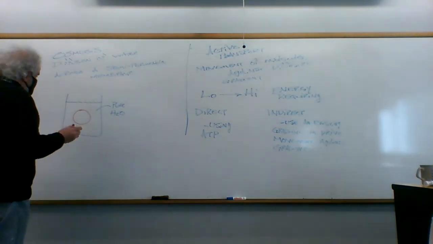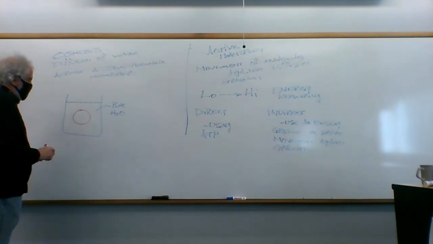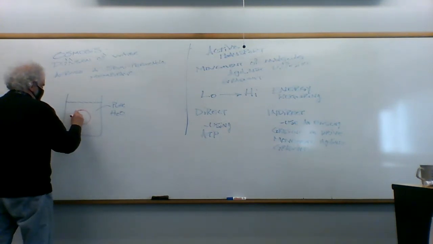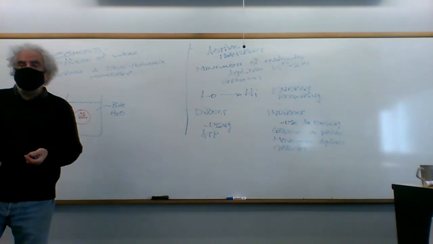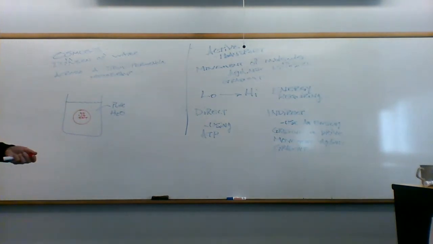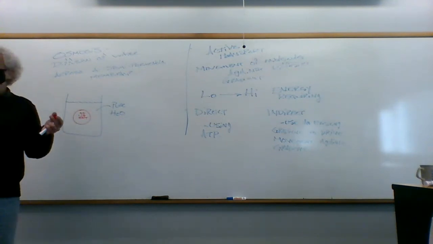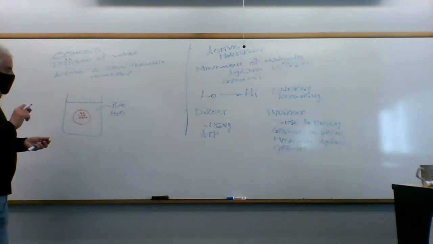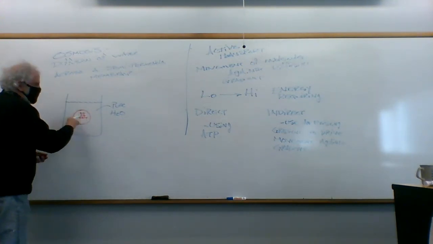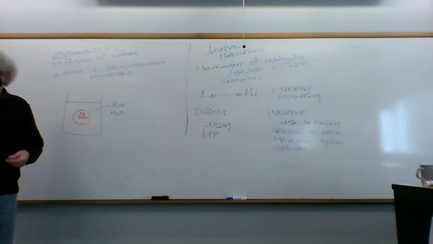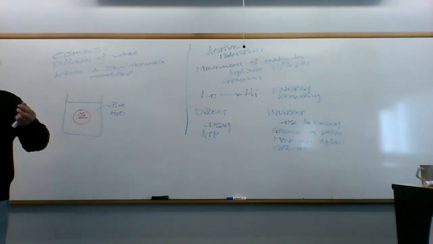From a physiological perspective, we've got about 0.9% salt. That is physiological saline. And because there's salt here, it has displaced some of the water. The water concentration is less in the cell than it is out here. The diffusion gradient is set up.